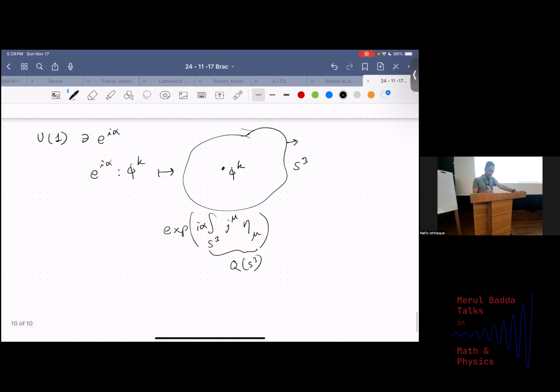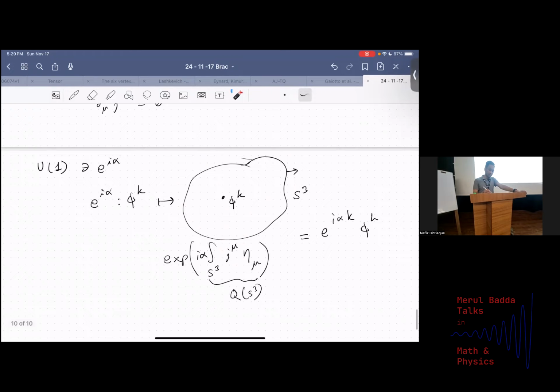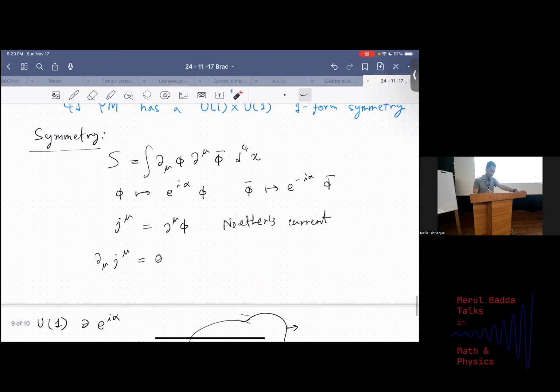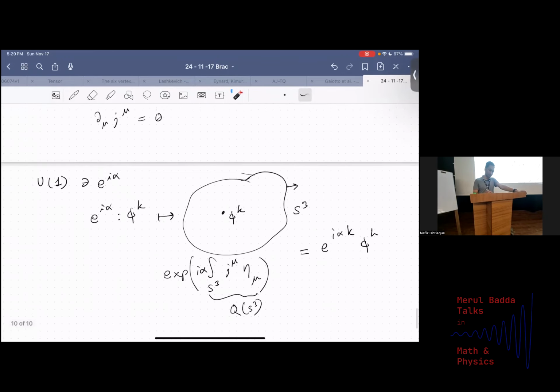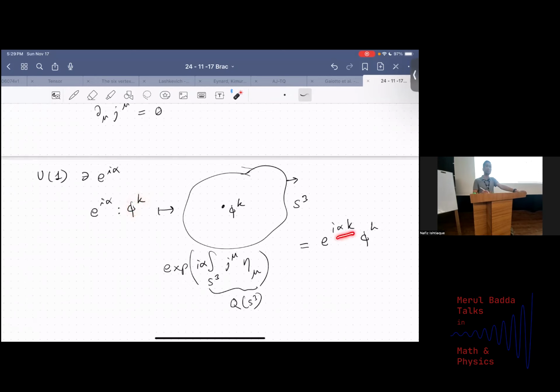Now, what will be the outcome of this operation? The idea is that this S3, with this current integrated over it, acts on the local operator enclosed by this S3. The final result is e to the power i alpha k times phi to the k. Each phi has charge 1, and we have k copies of phi, so we get e to the power i alpha k.